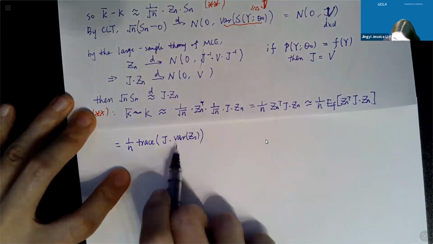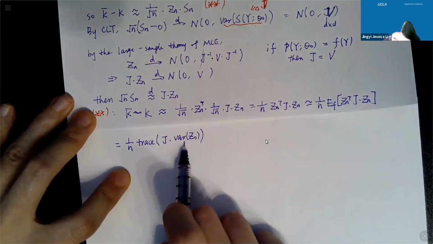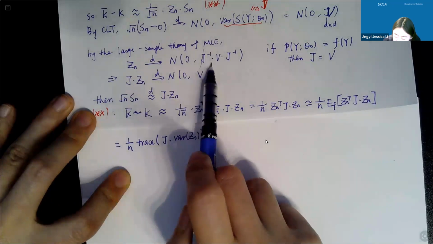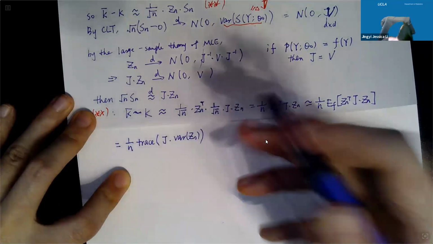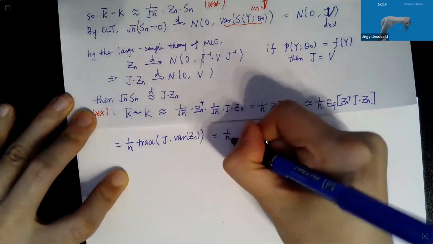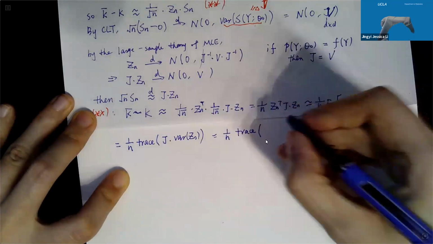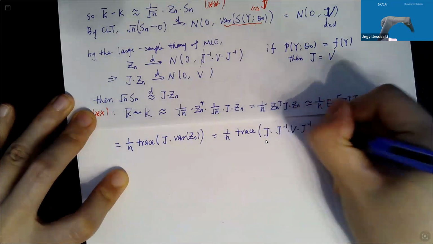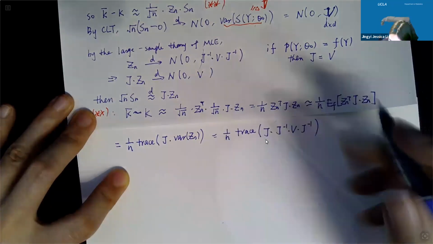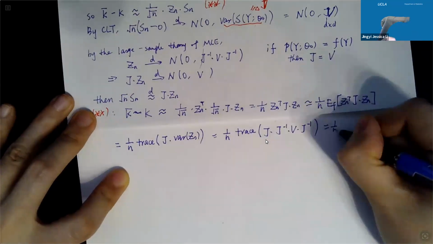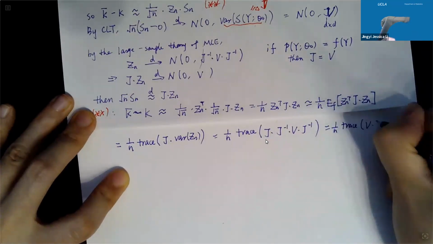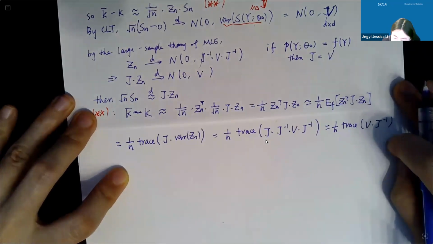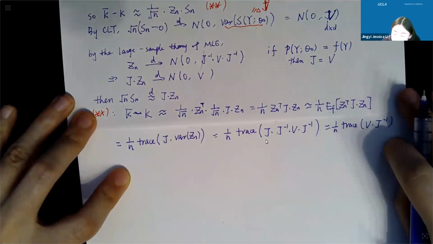For Zn, we already know its covariance matrix is J inverse V J inverse. That simplifies things for us. So we have J times J inverse times V times J inverse. We get a cancellation here, and we are left with the trace of V times J inverse. Now finally, we need to make the final approximation.